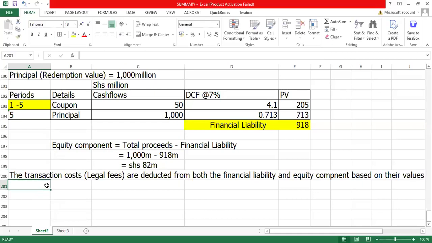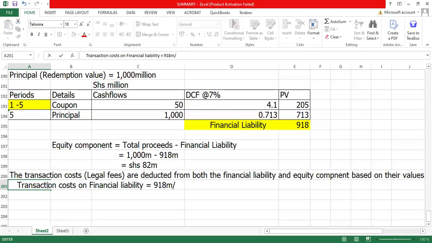So if I want to know the portion related to the financial liability, the transaction costs on financial liability will simply be apportioned. You get the value for financial liability, this is 918 million.